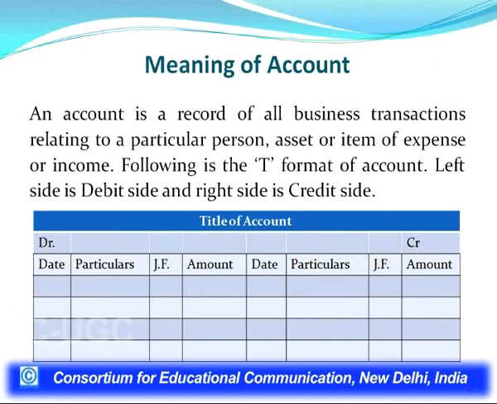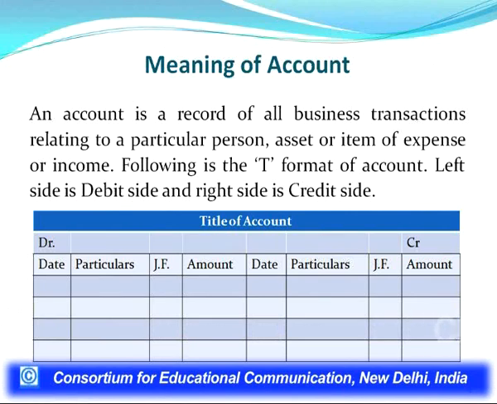The format, that is the traditional format which we are giving for the beginners; later we shall discuss the new format also. This is the title of the account at the top. Then the whole page is divided into 2 equal parts. The left part is called the debit side and the right part is called the credit side. On both sides there are 4 columns: the date, the particulars, JF, and the amount.